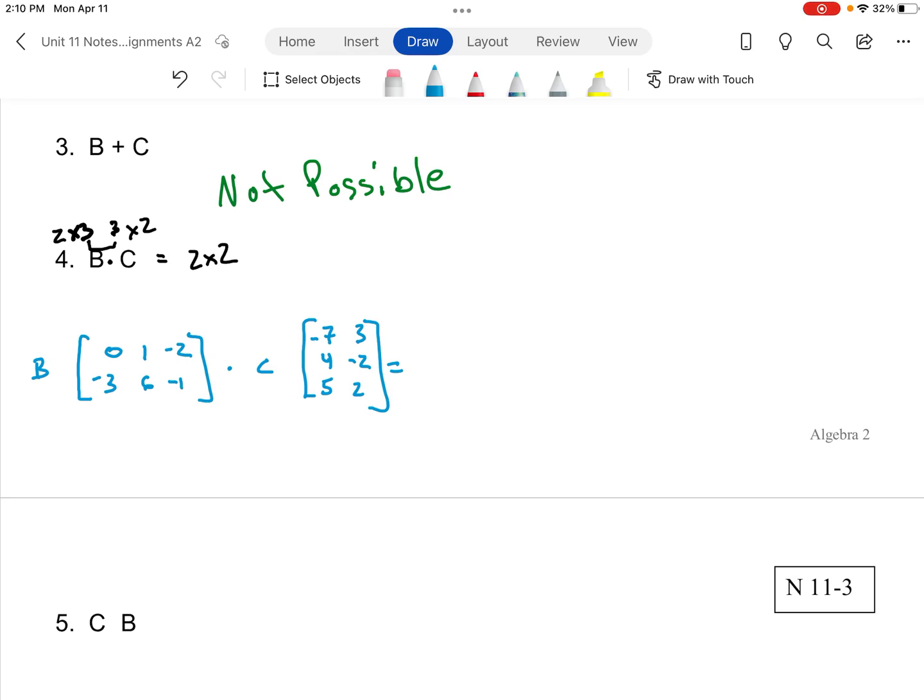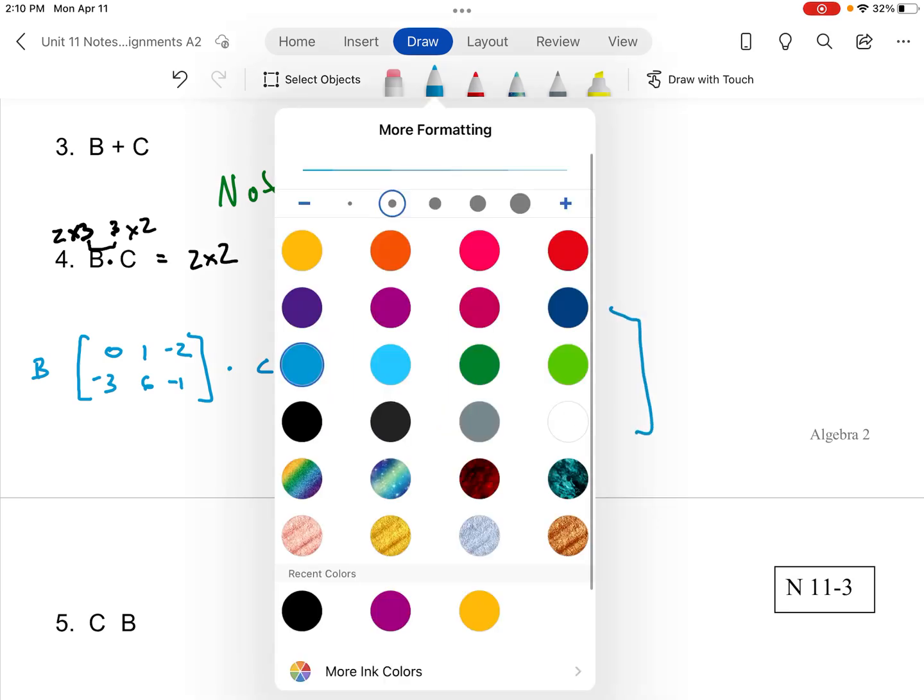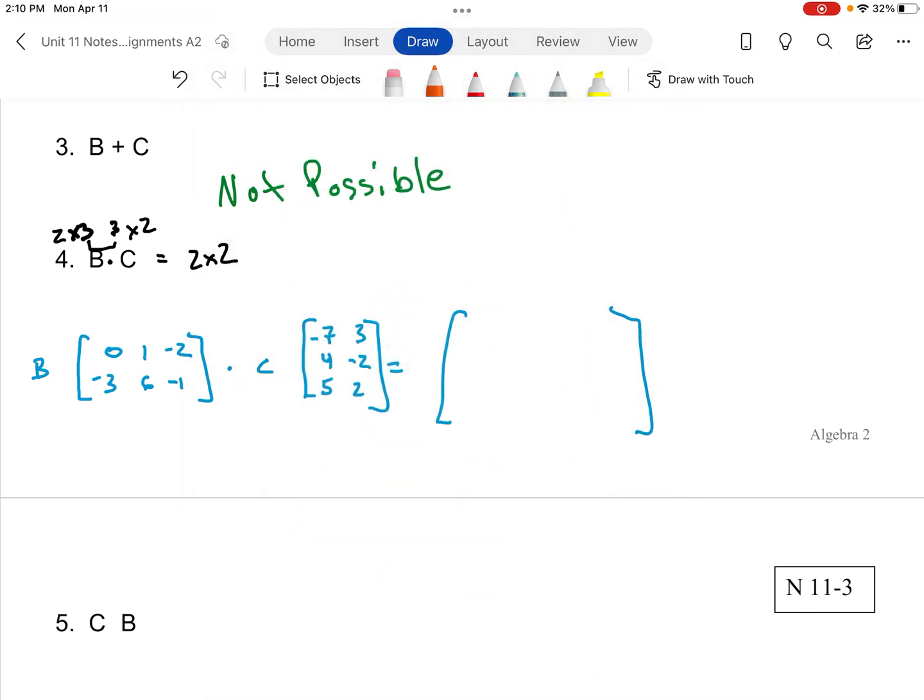And then you have to add up all those numbers, all right? So I'm going to make a pretty decent sized matrix so I can get all the elements inside of it so you can see it.